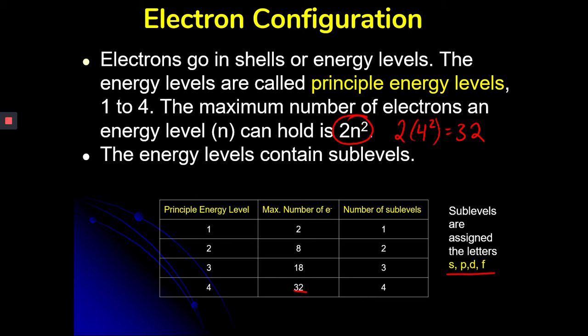The first energy level has one sublevel, which is S. The second energy level has two sublevels, S and P. The third energy level has 3, S, P, and D. The fourth energy level has 4, S, P, D, and F. So the number of the energy level that you're on is equal to the number of sublevels within that energy level. Now, to go beyond F, you would just continue with the alphabet, skipping over S and P when you get there.